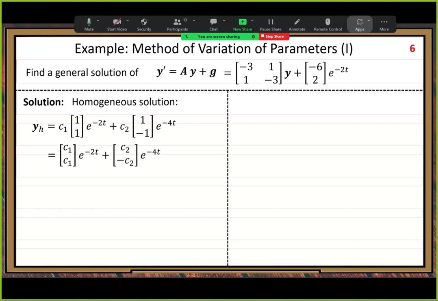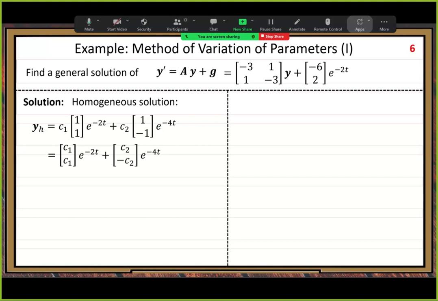So what kind of preparation are we doing here? We write the general homogeneous solution, YH. First, we do preparation on the homogeneous general solution part. When we do the preparation, we write in this form. So what is this form like?